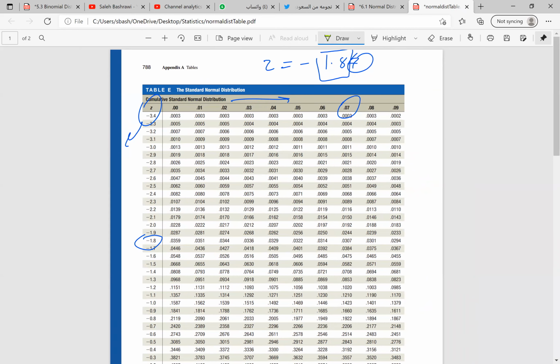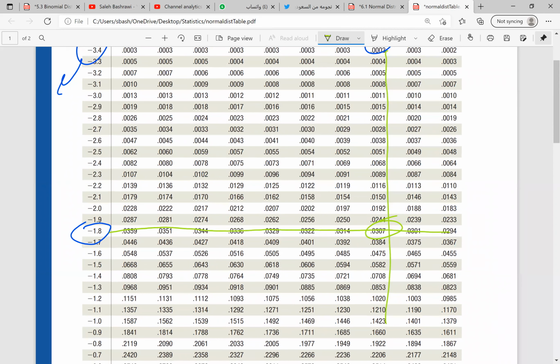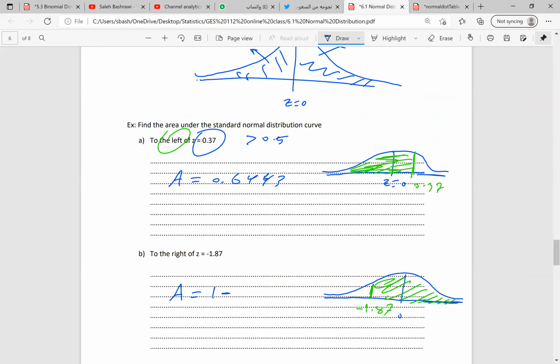Now the intersection between this column and this row is 0.0307. This value is to the left, and in our question we need to find the area to the right, which is 1 minus this one. This will be 1 minus 0.0307.